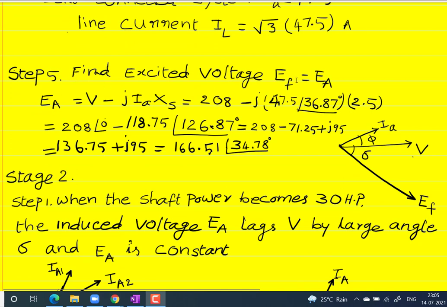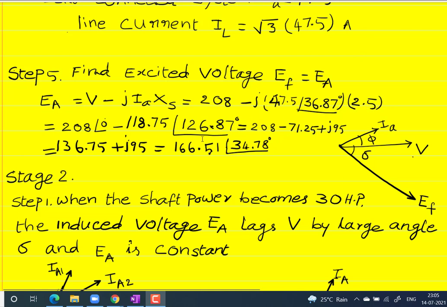Next step is to find the excitation voltage, that is EF equal to EA. We can write EA as V minus j IA XS. We know V, that is 208, minus j, and IA we calculated, that is 47.5 at an angle of 36.87 degrees, and XS is given as 2.5 ohms.